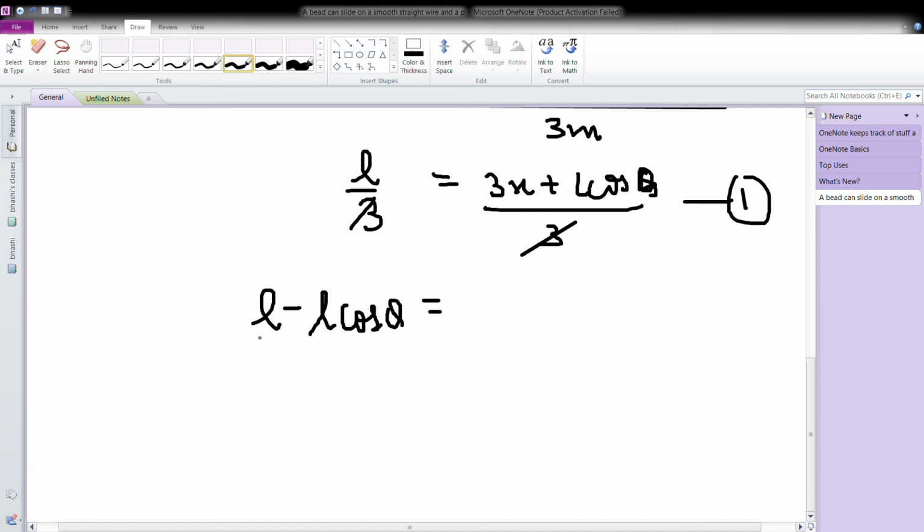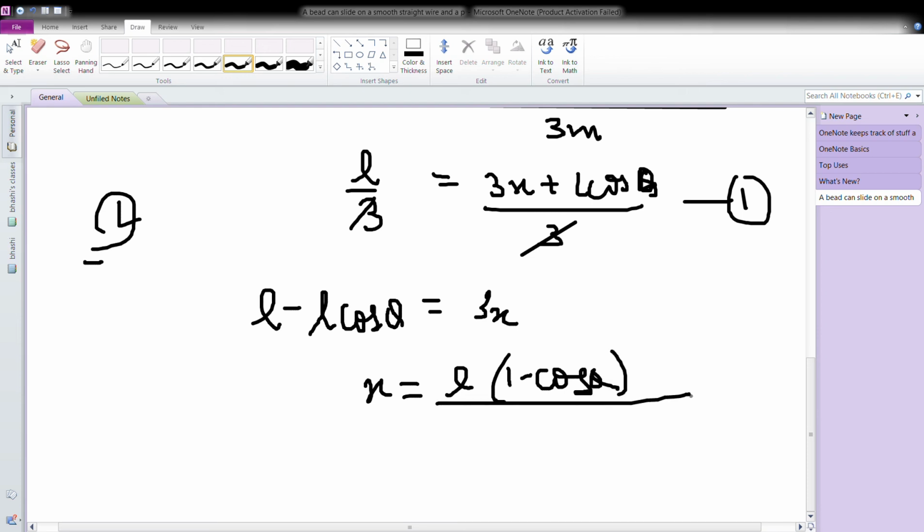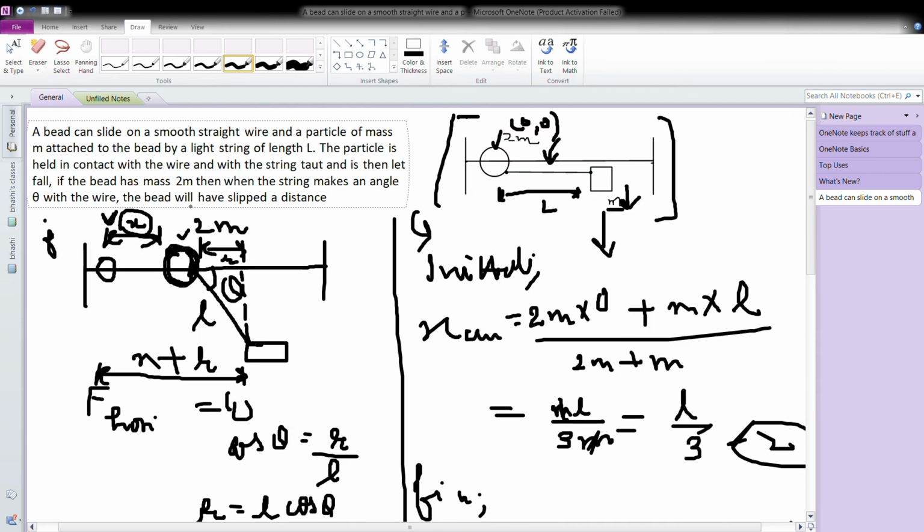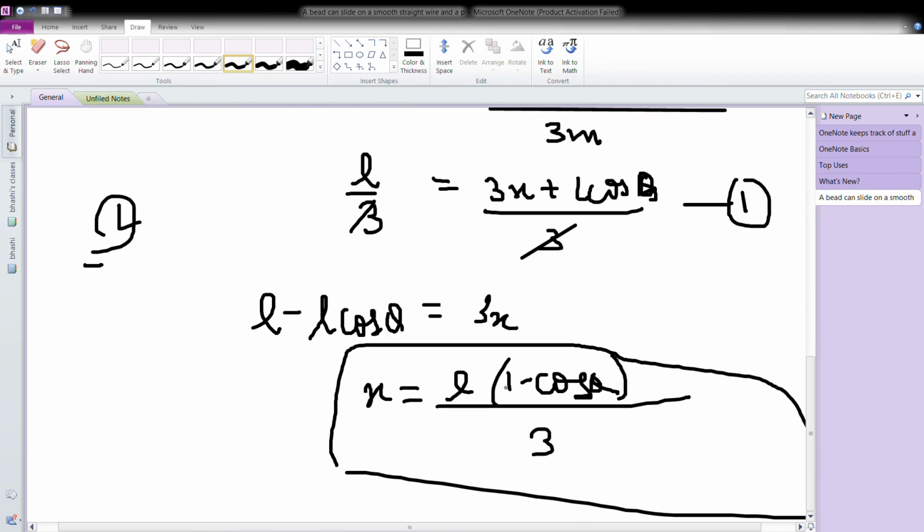Please forgive me for this small l; in the question it was given as capital L. So by solving, our x will be, taking L common, L in bracket 1 minus cos theta, divided by 3. And this is our answer. So the displacement, or you can say the distance traveled by our bead, will be nothing but L in bracket 1 minus cos theta by 3.